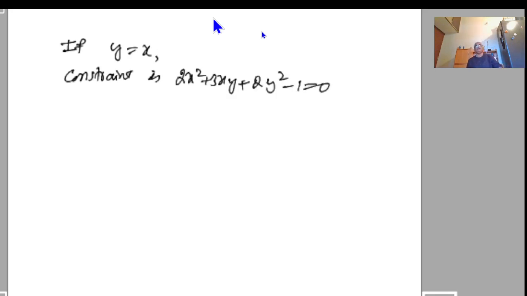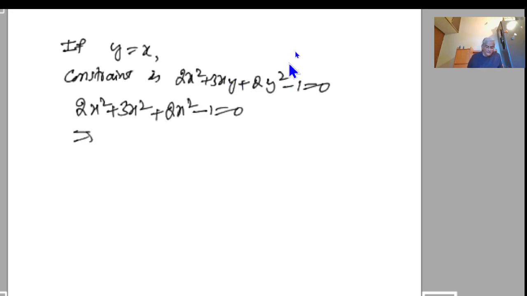This is the constraint. Here if I put y equal to x, then what happens is 2x square plus 3x square plus 2x square minus 1 equal to 0.